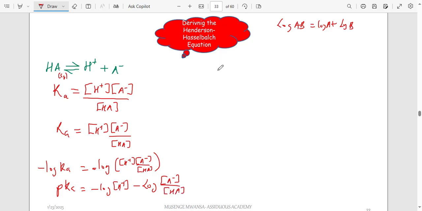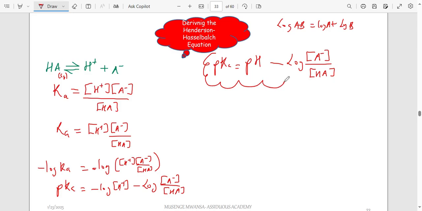So pKa is equal to negative log of H, that is pH, minus log of A minus divided by HA. This is what we call the Henderson-Hasselbalch equation.